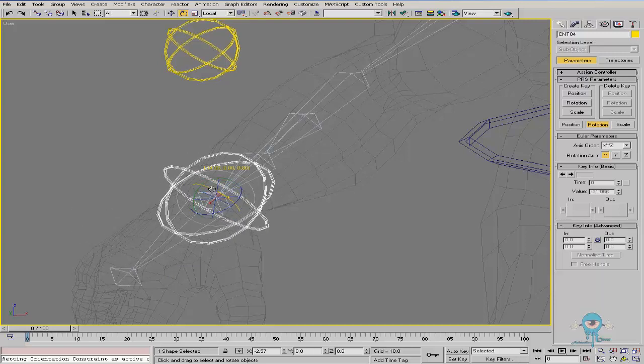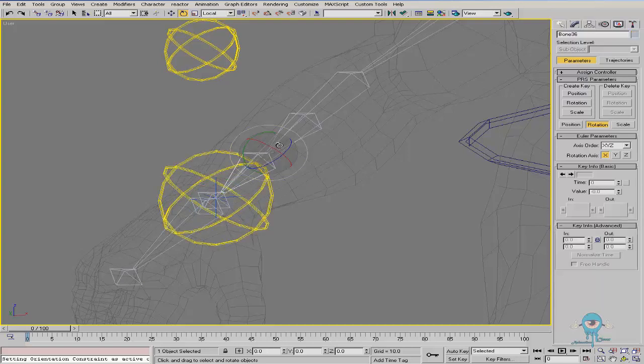So when the hand control rotates through the x-axis, we want this first bone to rotate with it at a 1-to-1 ratio. We can't use wire parameters and we can't use reactor controllers for a couple of reasons. One, we can't wire to this bone because this bone isn't getting any translation change, because it is orientation constrained to this.